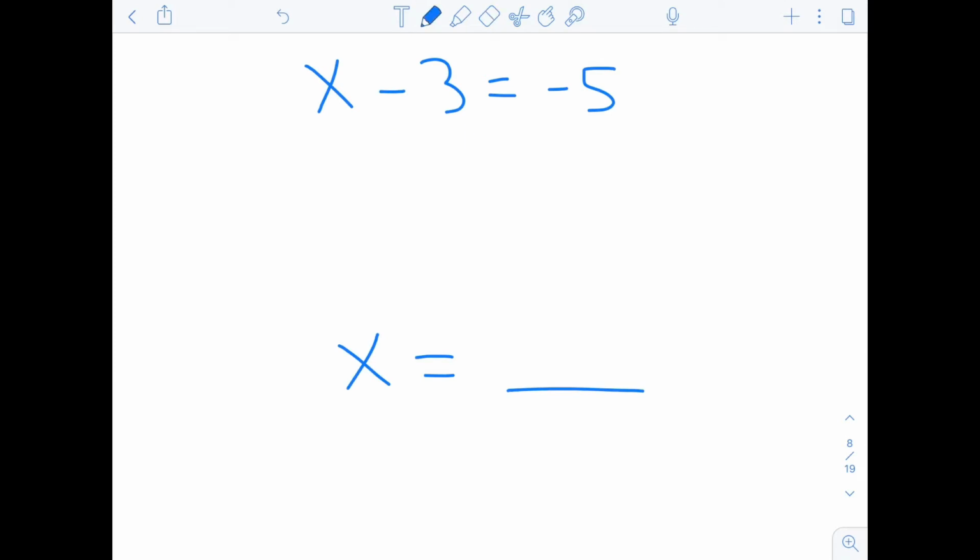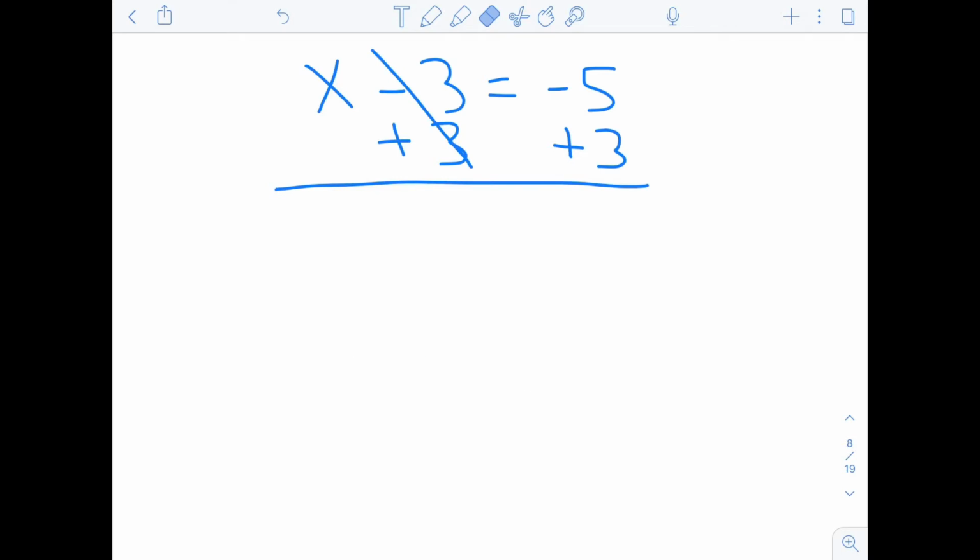To get rid of subtraction, we use addition. If I add 3 to both sides, then negative 3 plus 3 cancels out, so you're left with x equals negative 5 plus 3. And negative 5 plus 3 is negative 2.